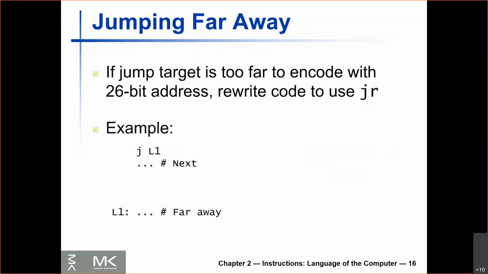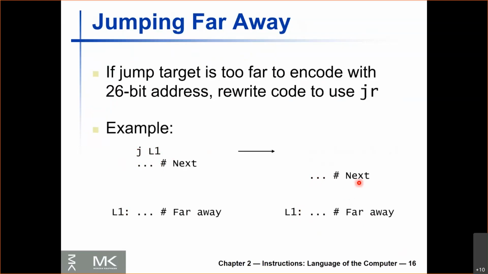So if I have this code over here, jump to L1, where L1 is far away, and then I have this kind of instruction that comes after. Rather than having jump L1 like this, if L1 cannot be represented using a jump instruction, we keep L1 and the code that comes after the jump instruction.